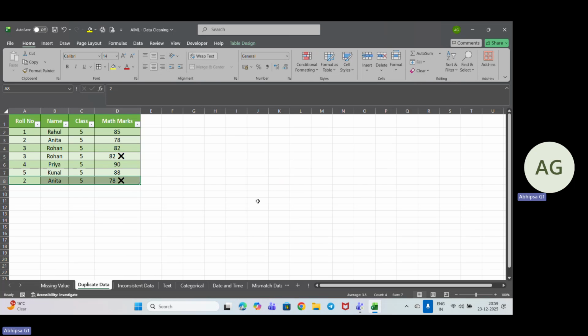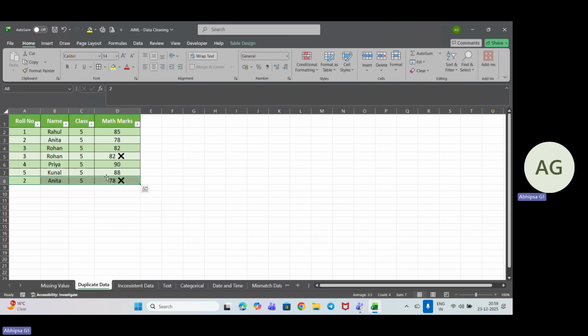Duplicate data means the exact same information, to be very precise, that appears more than once. The same student record we have got more than once. About Rohan, the same record we have got more than once. The same record for Anita we have got more than once, right? So this needs to be handled accordingly.